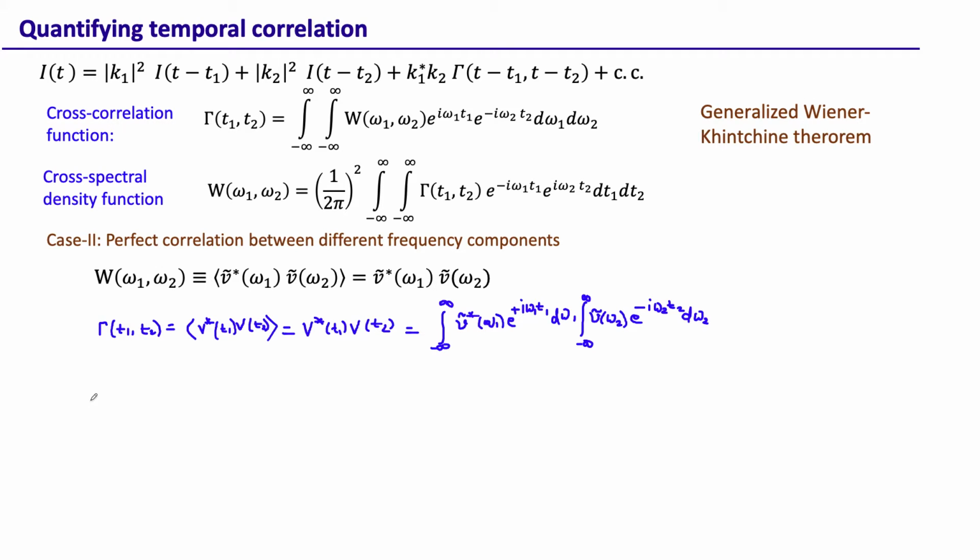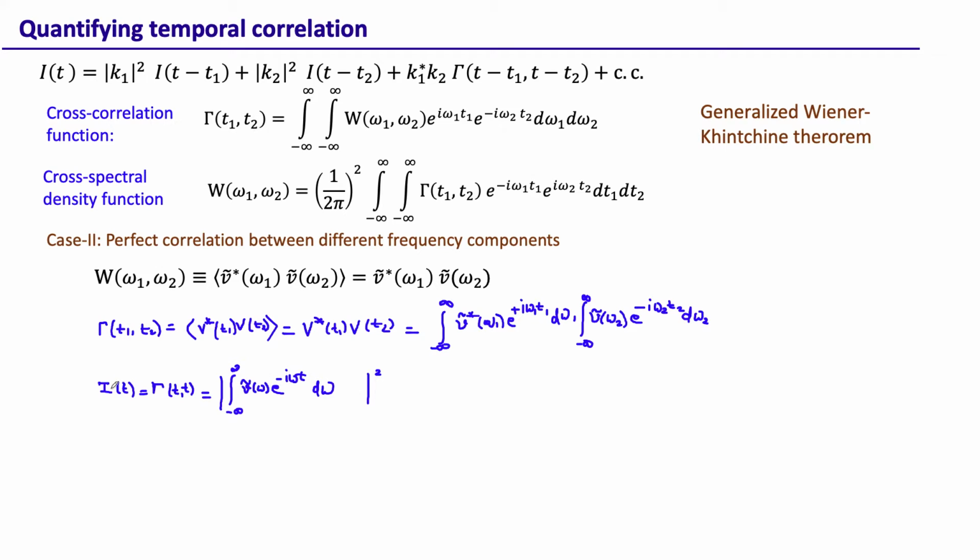Now the intensity in this case is defined as I(T), which is essentially gamma of T and T. This is essentially the mod square of this quantity, which is simply the integral from minus infinity to infinity of V star omega V tilde omega e to the minus i omega t d omega.